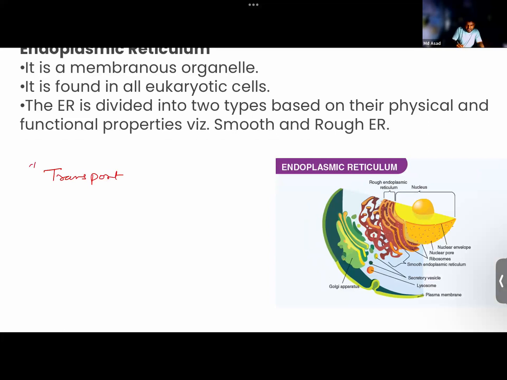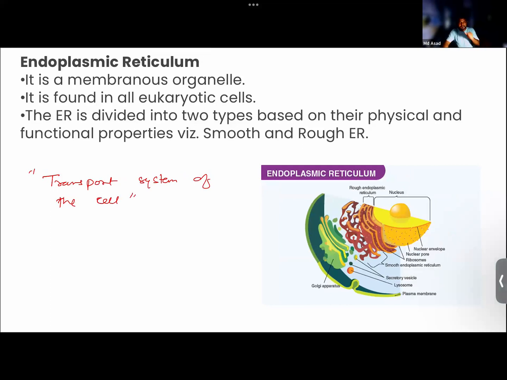So it is simply the transport system of the cell. Now the question is, transport of what? Ahmed and Arhan? Not the movement of cell.